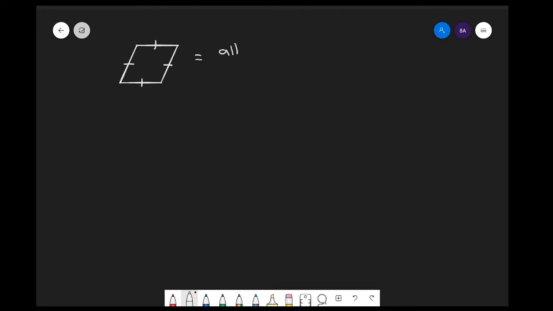So all sides are equal. And just like our parallelogram, our opposite angles are equal.